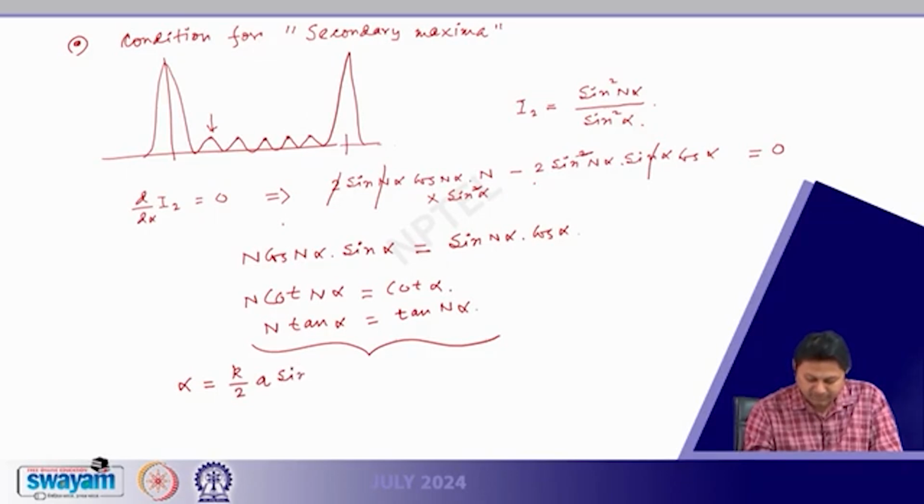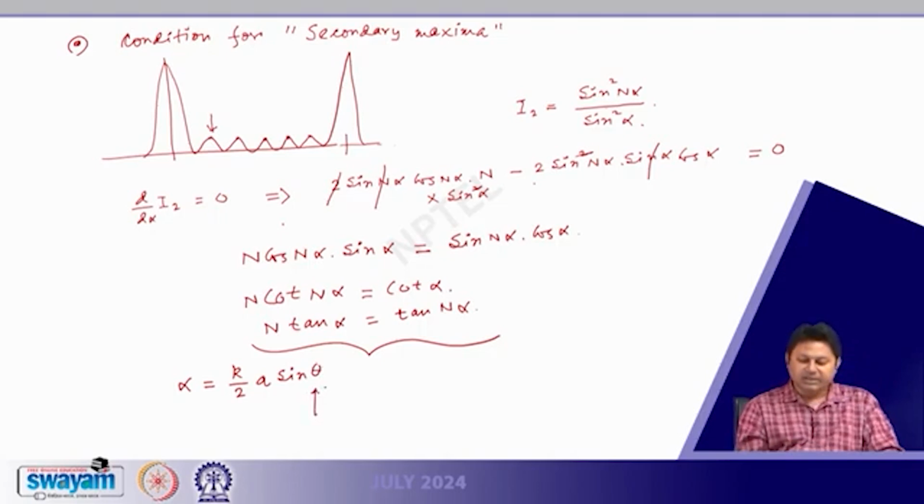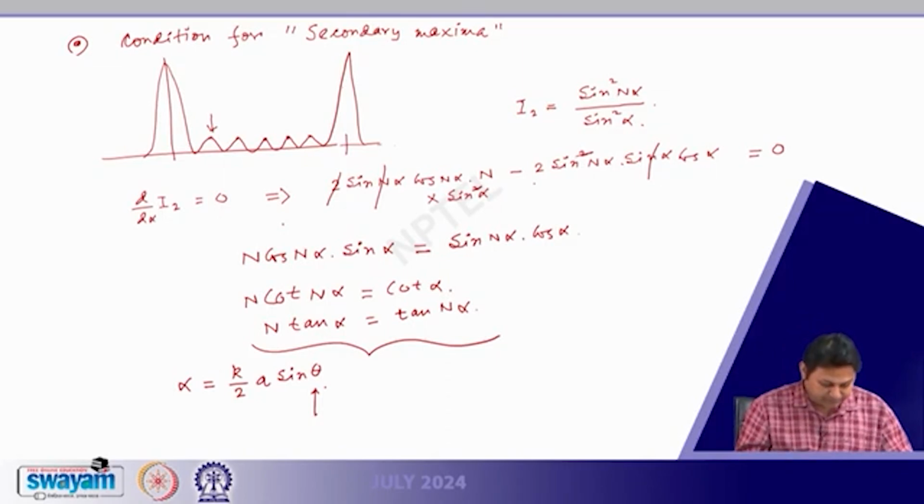So given a and the wavelength, essentially one finds the solution for theta for which one can get these secondary maxima. So that is the condition for the secondary maxima.